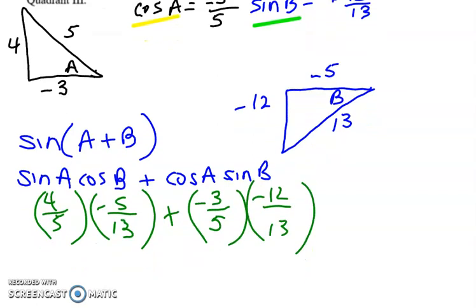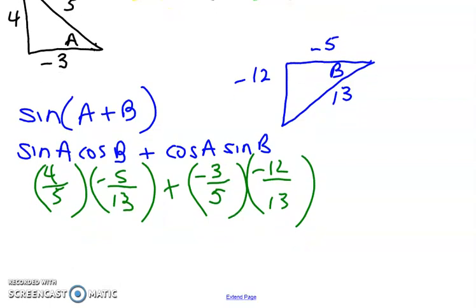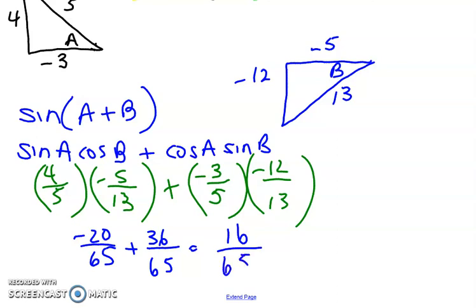Now we just multiply those out. And obviously you can use your calculator if you need to. I'm going to have negative 20 over 65 plus 36 over 65. Negative 20 plus 36 is going to give us 16 over 65.